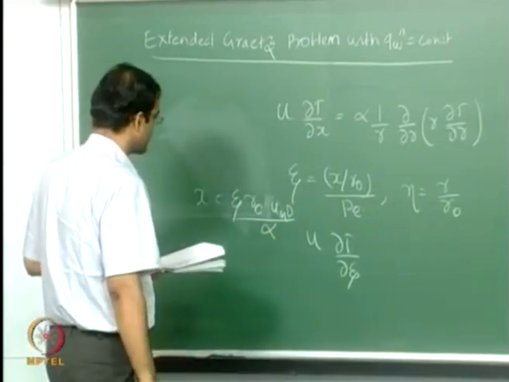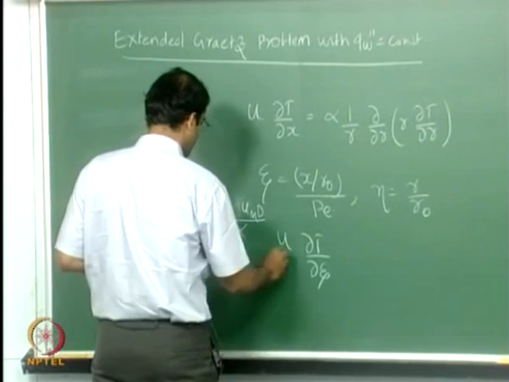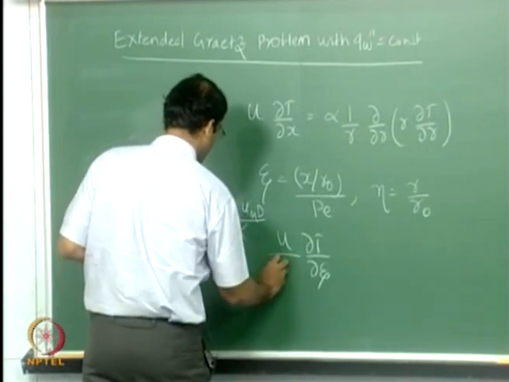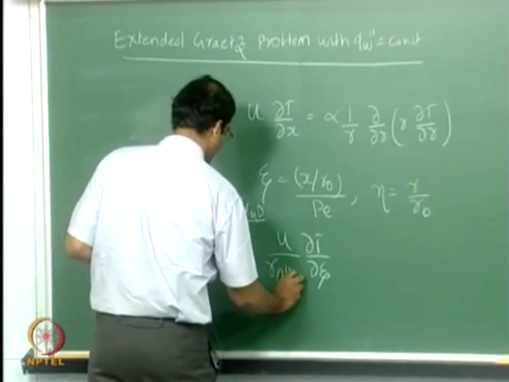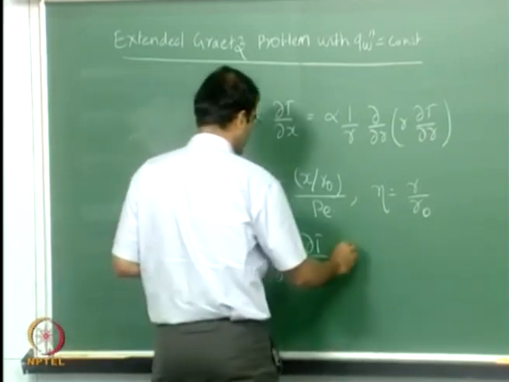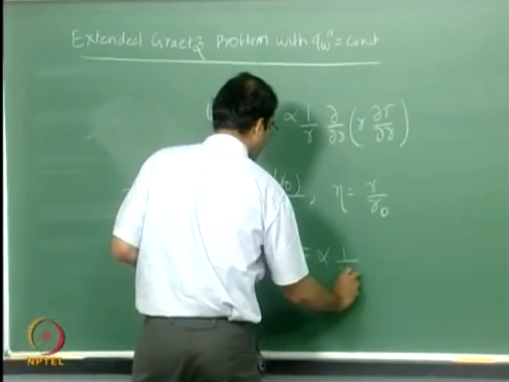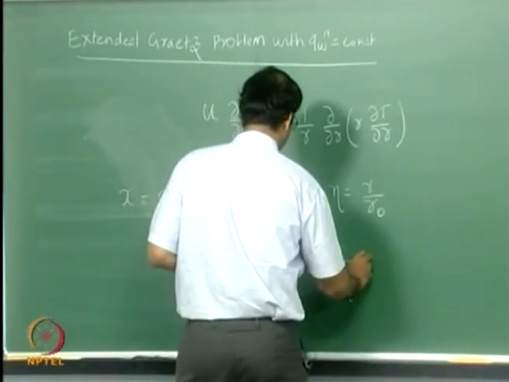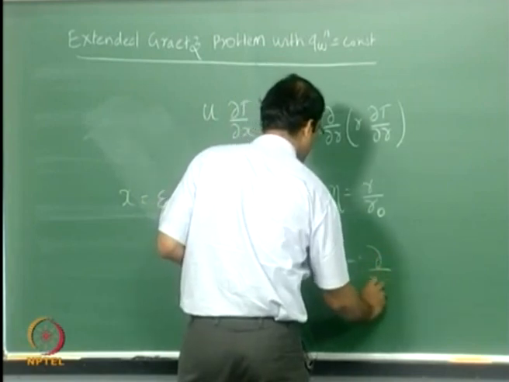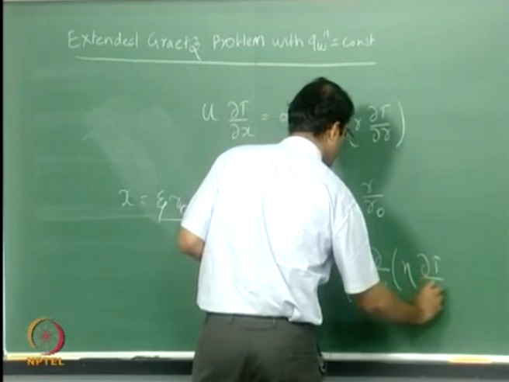Okay, so this I can substitute in place of x, so this becomes r naught um d, and the alpha goes to the numerator here, so this is equal to alpha 1 by eta into d by d eta into eta dT by d eta.